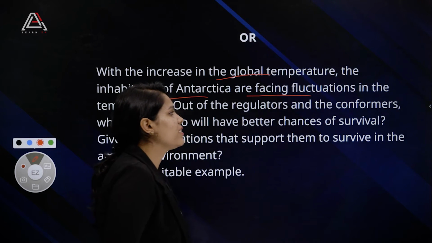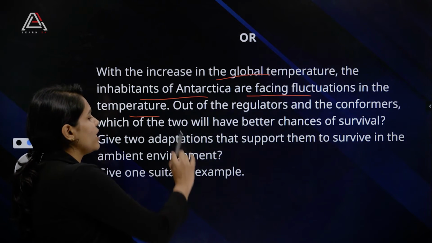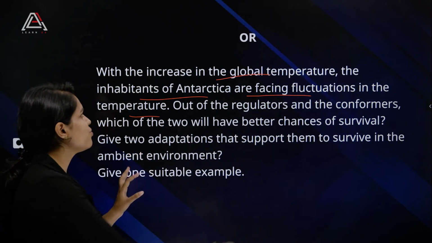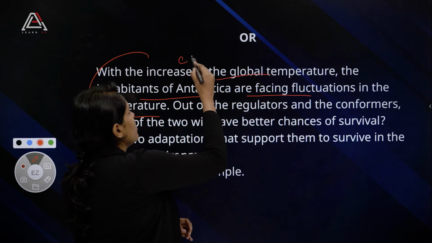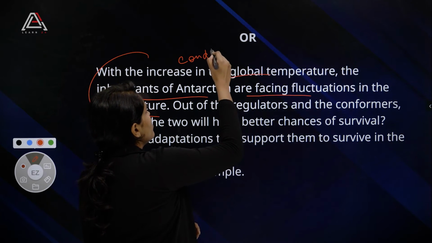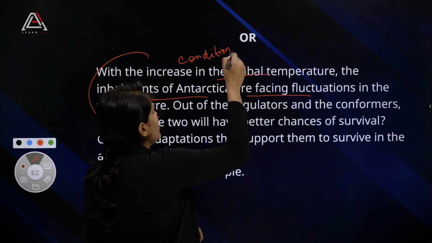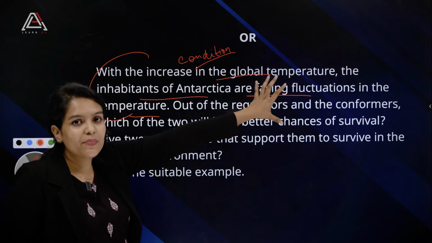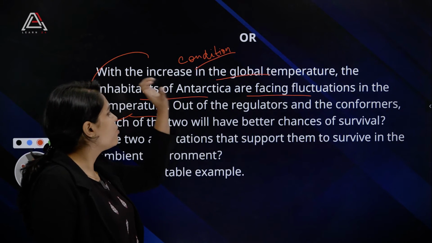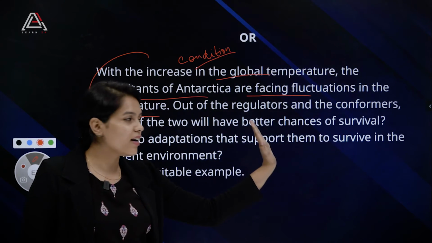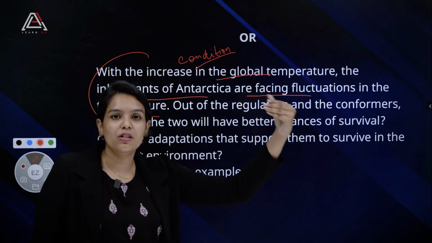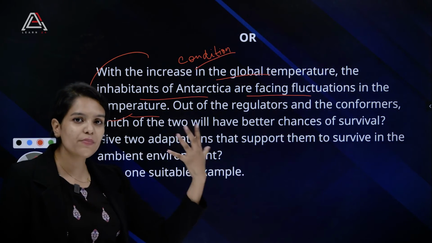They are facing fluctuations in the temperature. Alright, perfect, understood the condition, right? This is a condition based question. So there is a condition provided here, that is, global temperature is increasing, so the habitat present in Antarctica is facing fluctuation in the temperature.